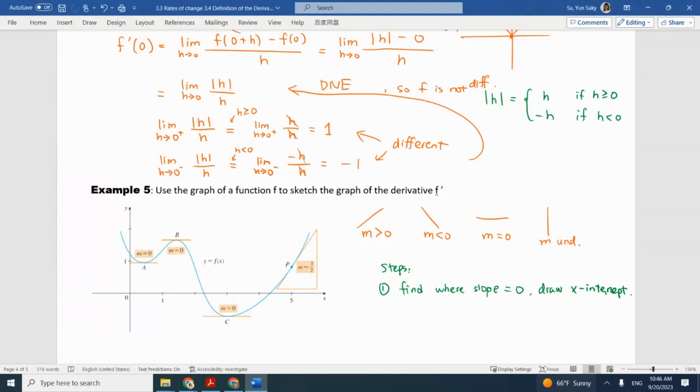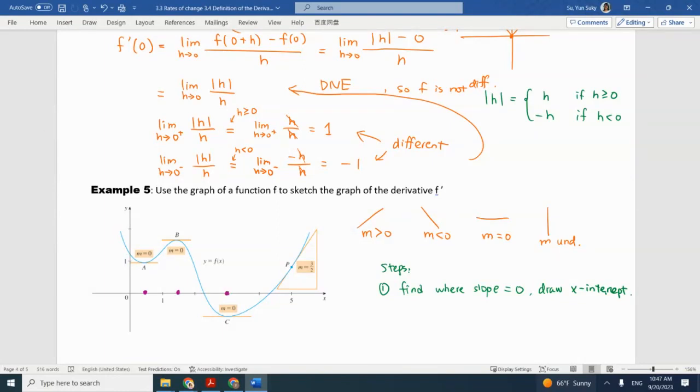And then here, slope is 0. And then here, increasing. Oh, slope is positive. You find the point where the slope is 0. And then because you want to draw the graph of the derivative, you know you must have an x-intercept here because the slope is 0. Okay, everybody? So find where the slope is 0. Then you can draw the corresponding x-intercept.